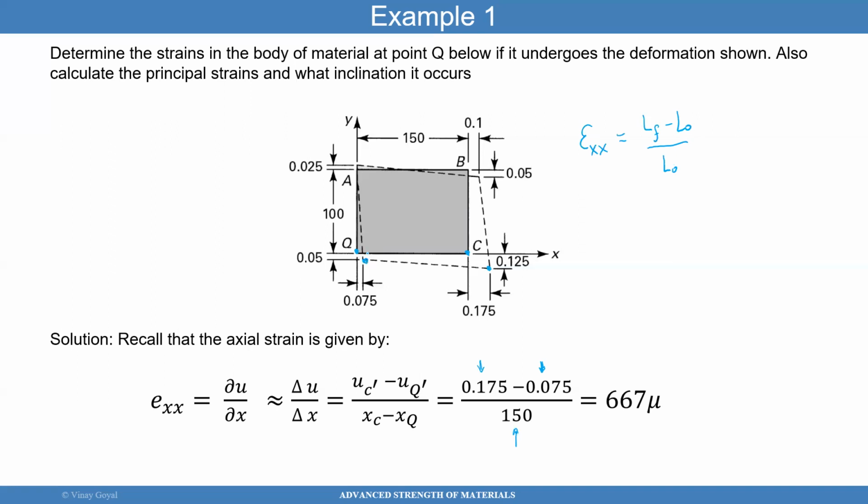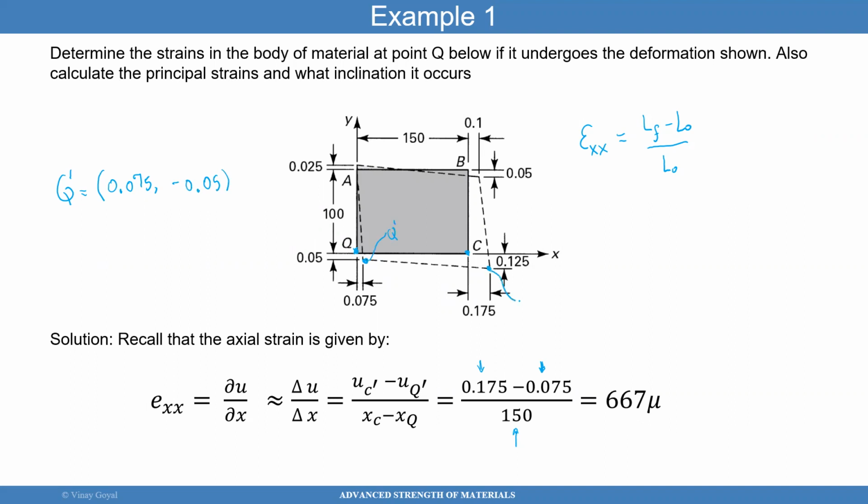So the coordinates of this point is point Q prime. It moved to the right 0.075. Let's assume point Q is at 0, 0. And then it also moved downwards an amount of minus 0.05. So that's where Q prime is, this one here.